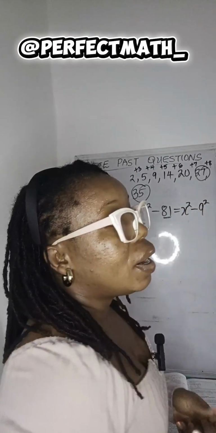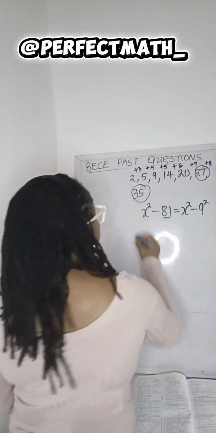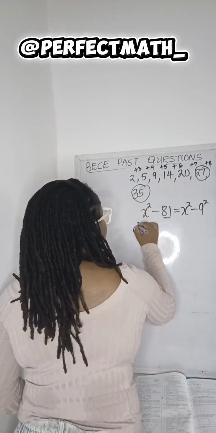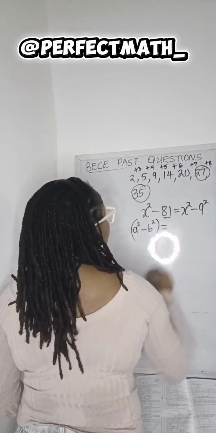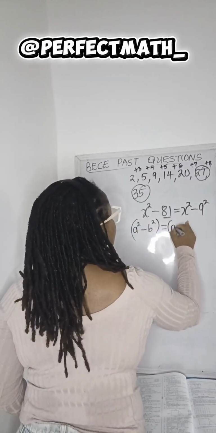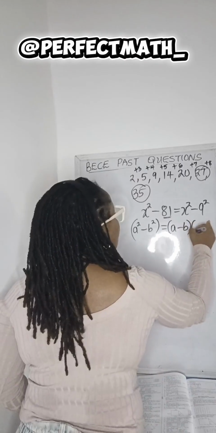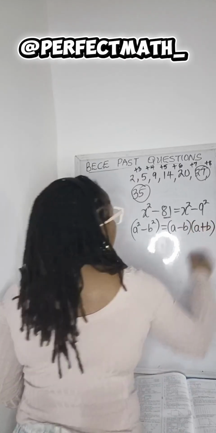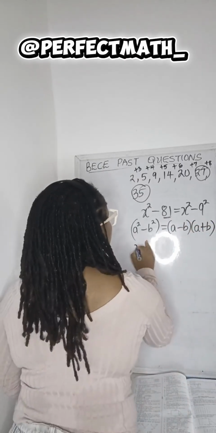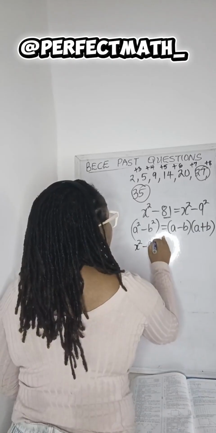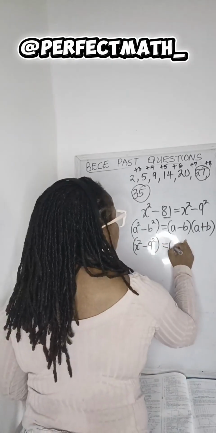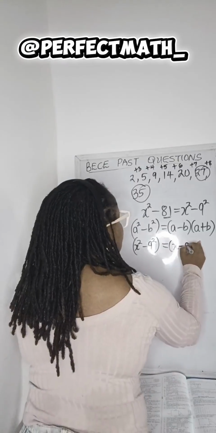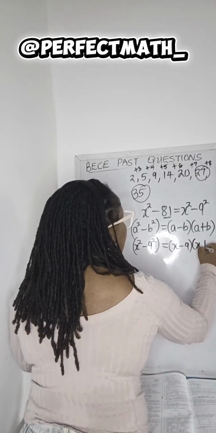From our difference of two squares, when we have a squared minus b squared, this can be factorized into a minus b and a plus b. So since we have x squared minus 9 squared, this will be factorized into x minus 9 and x plus 9.